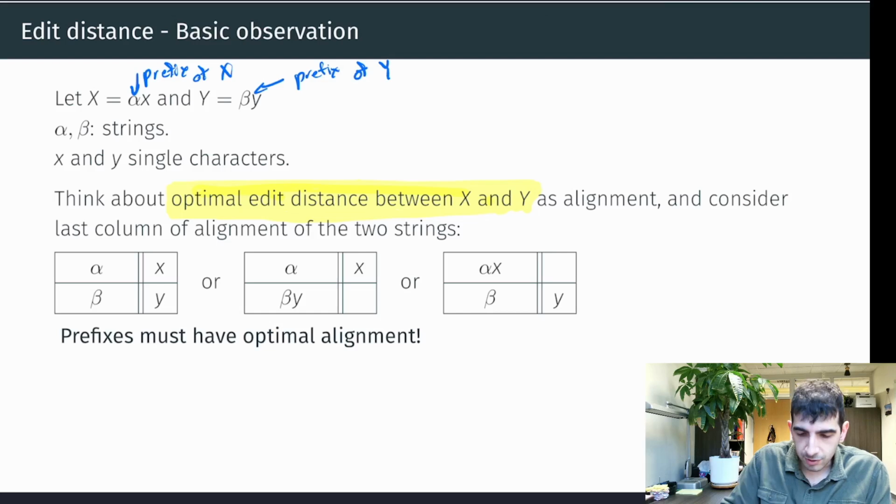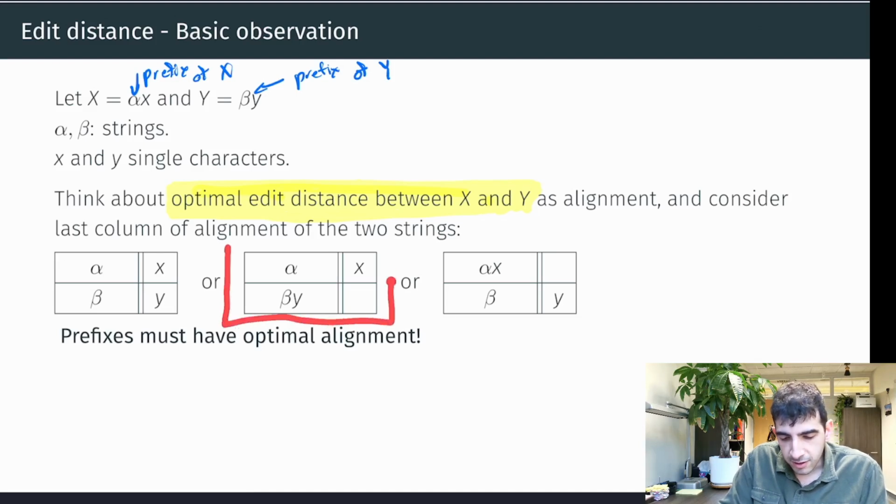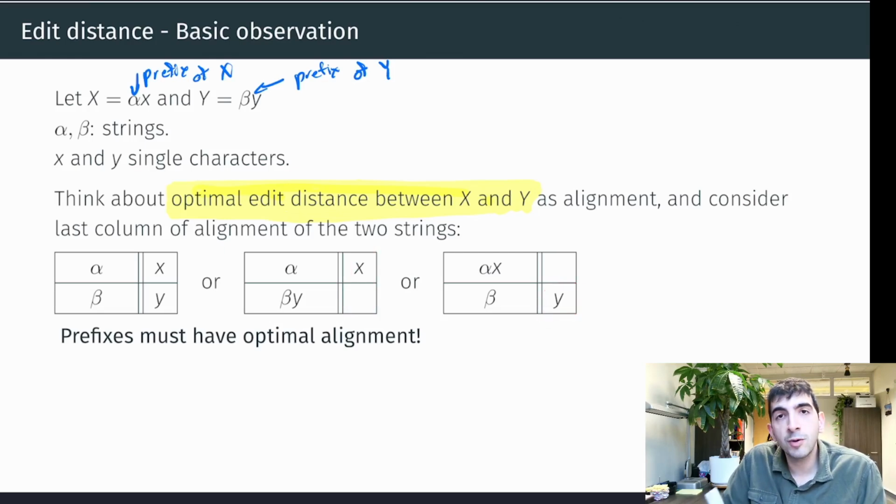It's also possible in the optimal alignment of x and y that the last character of x is not matched to y. In that case, we have a deletion, where we have a space here. Make sense? Or it's also possible that the last character of y is not matched to x.